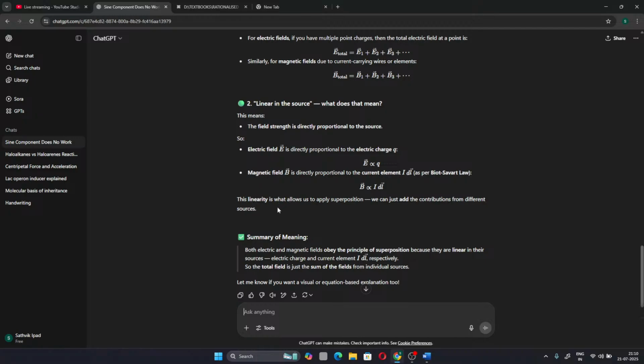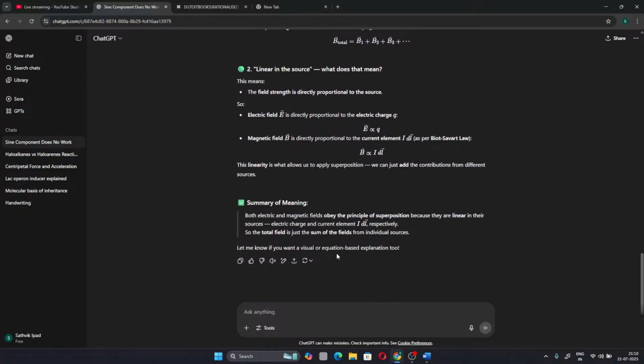This linearity is what allows us to apply superposition. We can just add the contributions from different sources. Both electric and magnetic fields obey the principle of superposition because they are linear in their sources, electric charge and current element respectively. So total field is the sum of fields from individual sources.